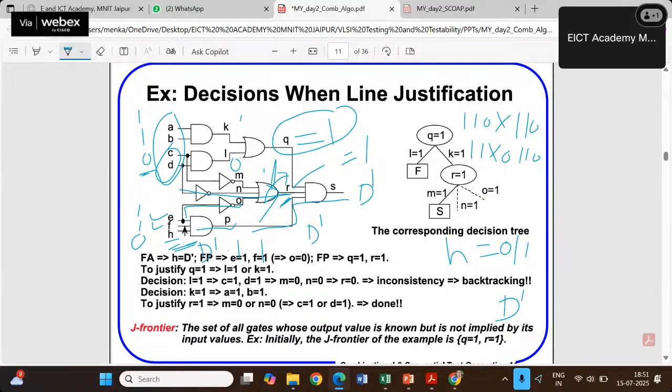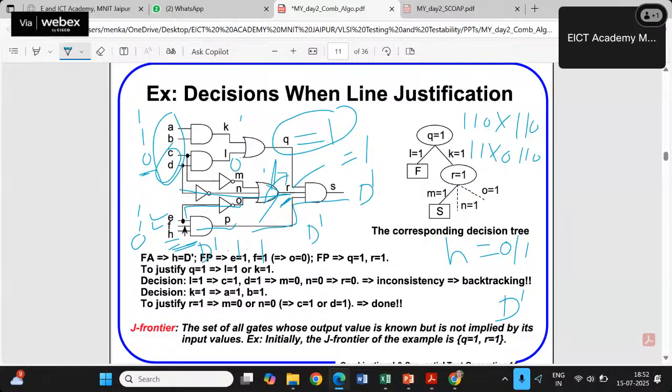On paper and pen, it is okay to complete because this is a very small circuit. But when we are talking about real-time circuits, those are very complex. So we have to run some algorithm that can help us find the test patterns for each and every fault.